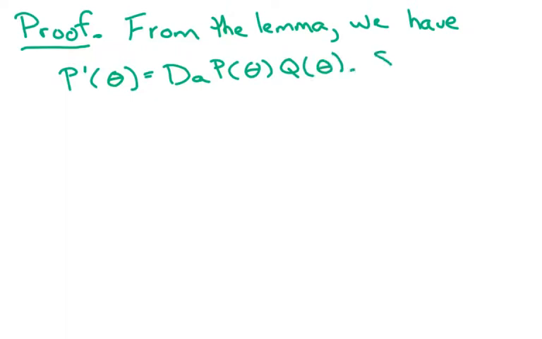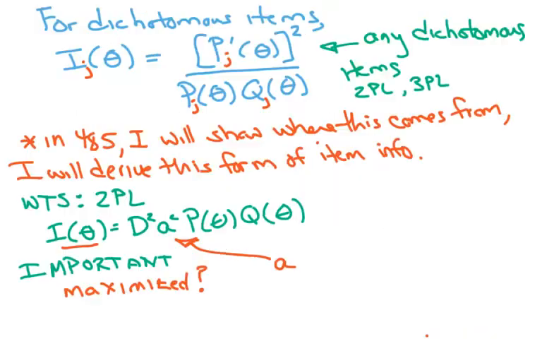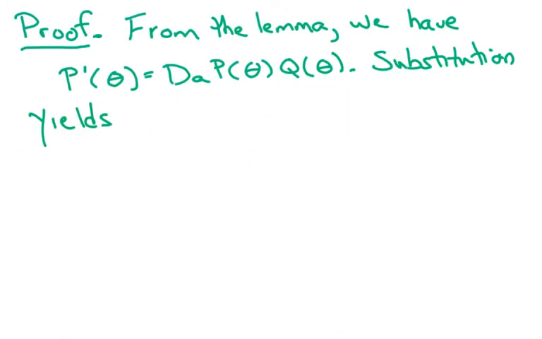And then all we have to do is substitute into here. So we would have item information equals this squared.